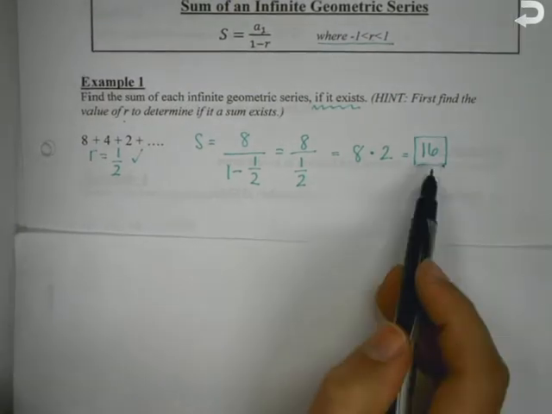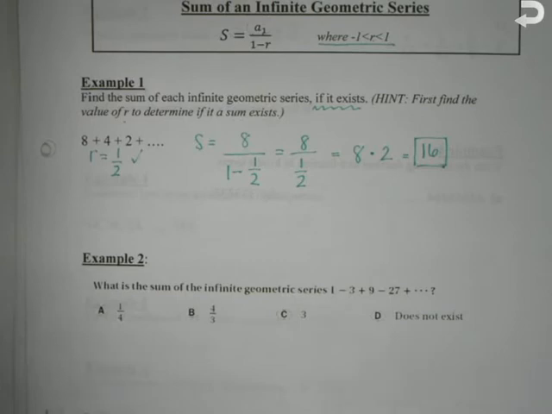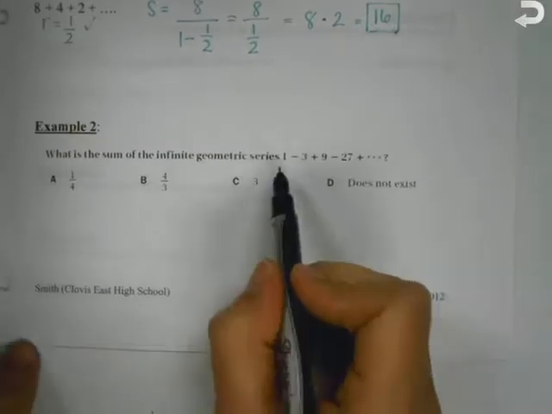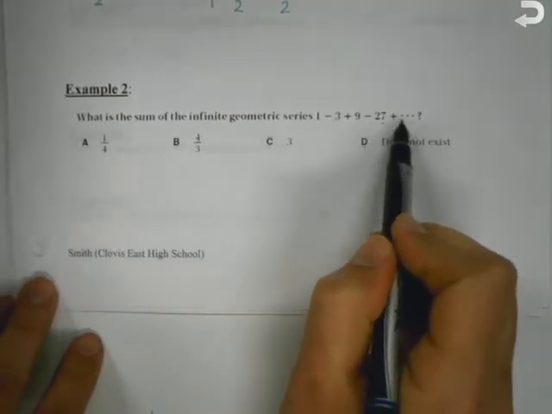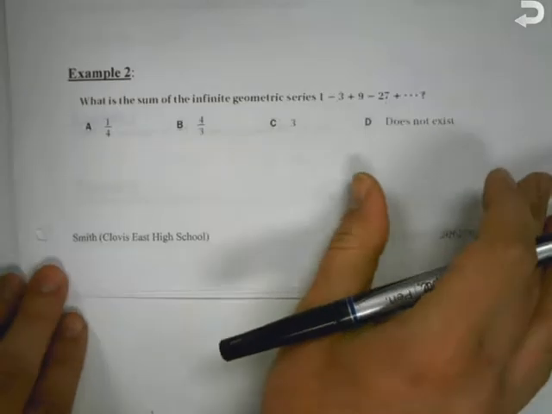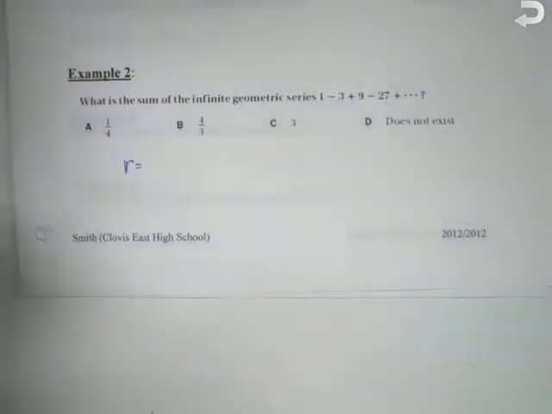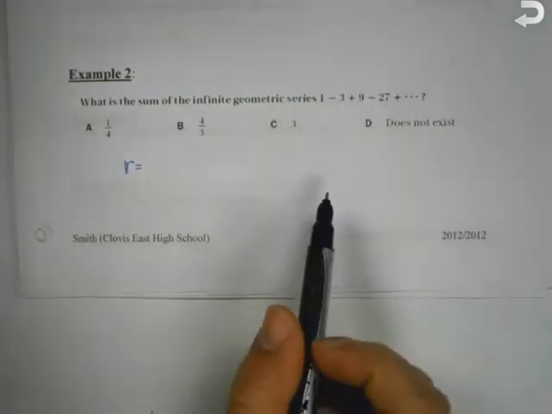Okay? Not too bad? Okay, so example 2. What is the sum of the infinite geometric series of 1 minus 3 plus 9 minus 27 plus ... Let's first figure out what is r. If I'm going from a positive to a negative to a positive to a negative, my r has to be what? Negative. How do I get from 1 to -3? Times -3.